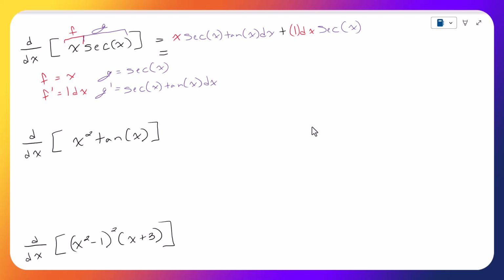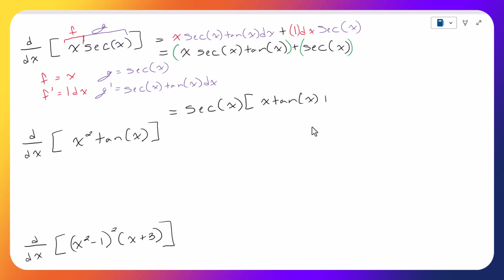We get x secant x tangent x plus secant x. And just in case this comes up on any multiple choice things, what common factor do we have in both of our terms? This is one term, this is our second term. Both of them have a secant in them. We can factor out a secant. We get secant x all times x tan x plus 1. Just in case that comes up, you can factor out.